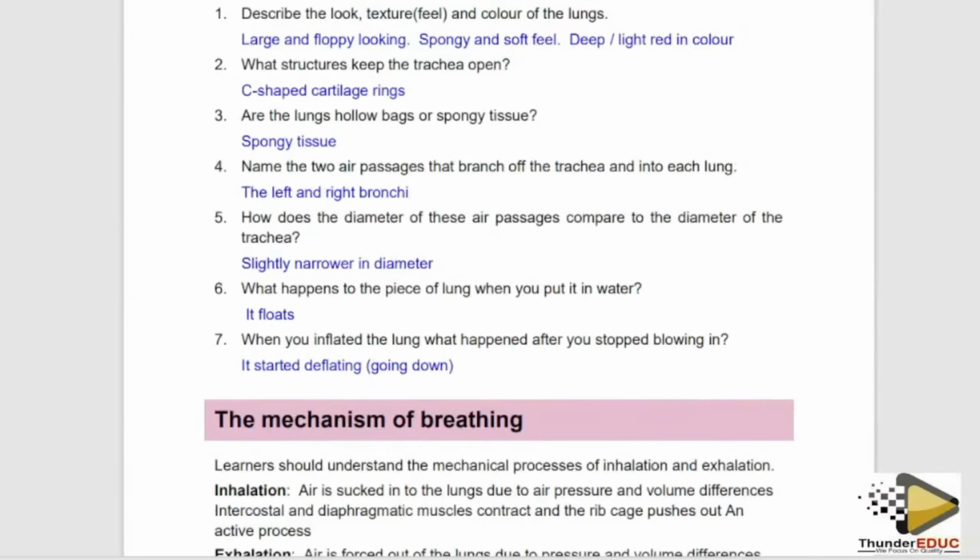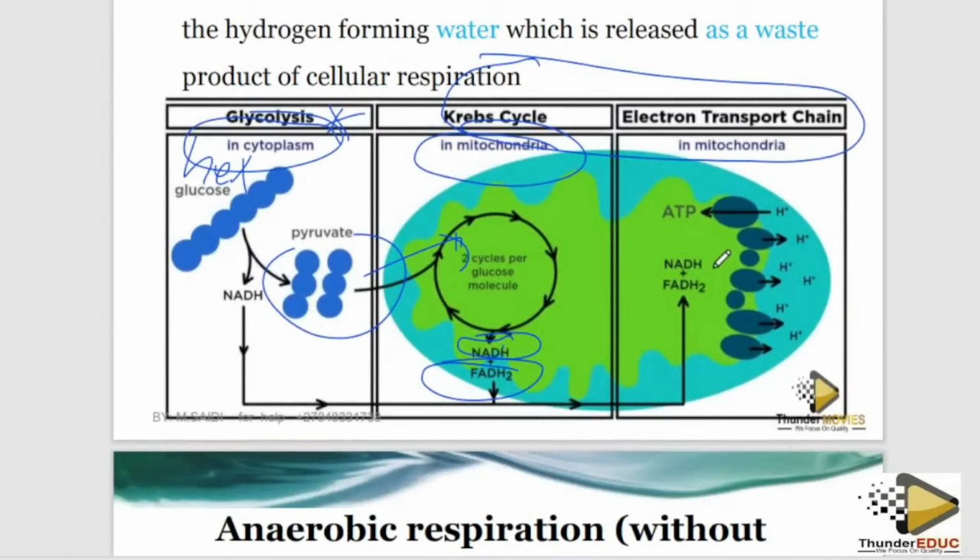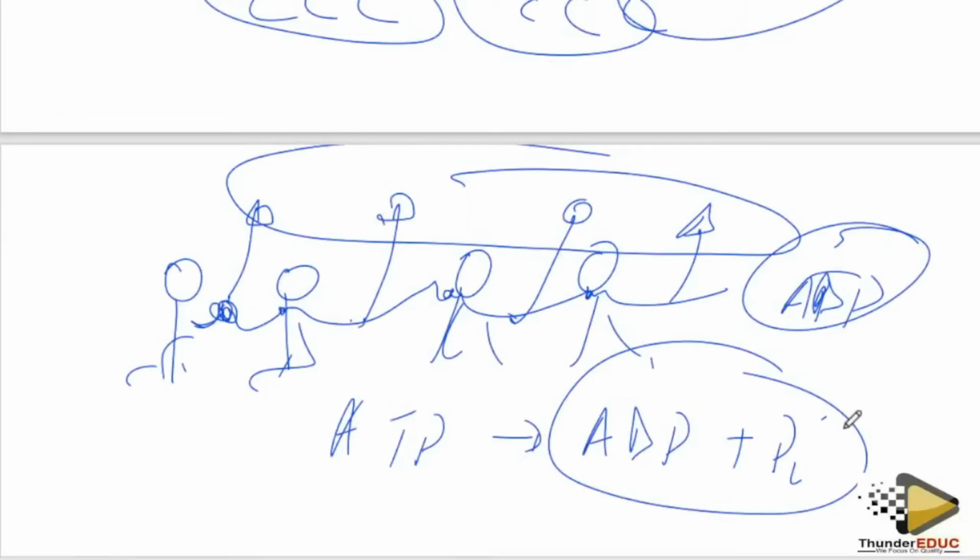So this reaction: ADP reacts with inorganic phosphate to form ATP. In each process, ATP is formed.